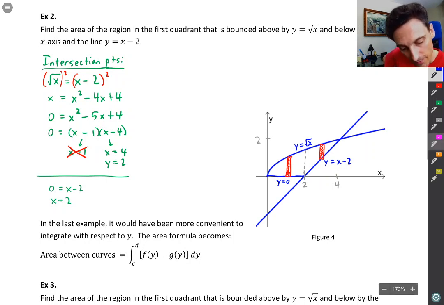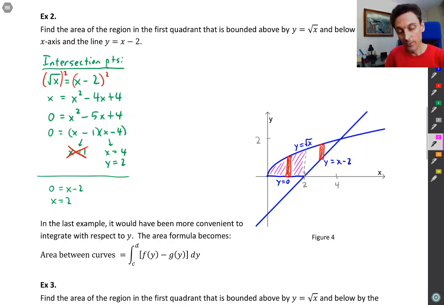So let's go ahead and find our areas. Let me try to highlight which area we're looking at first. Let's say we're looking at the area from x equals 0 to x equals 2 first. To set up that integral, you would look at the integral from 0 to 2 of the top function, which would be square root of x, right?